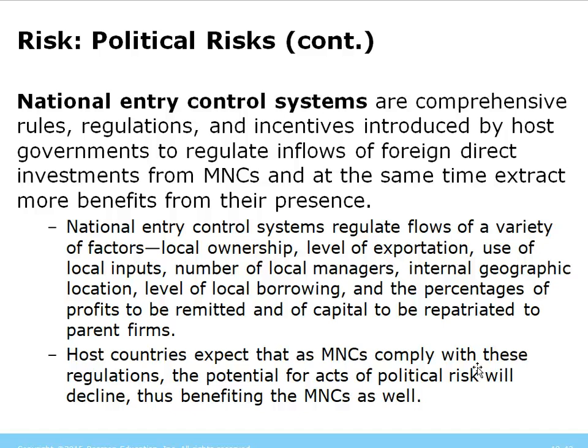Now, national entry control systems regulate the flow and a variety of factors: local ownership, level of exportation, use of local inputs, number of local managers, international geographic location, amount of local borrowing, percentage of profits remitted, and capital to be repatriated.